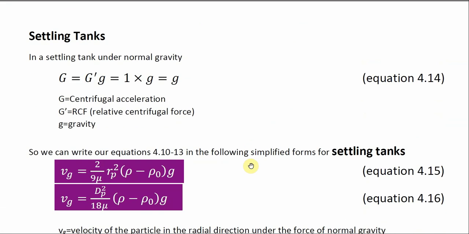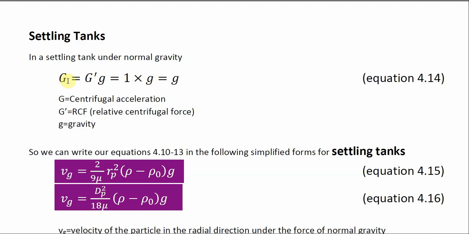Okay, so now let's talk a little bit about settling tanks. So centrifuges basically do what a settling tank would do if given more time. So they just speed up the process because they're increasing that force of gravity. So settling tanks can be modeled very similarly to centrifuges because it's basically a centrifuge under the force of 1 times gravity, so under normal gravity.